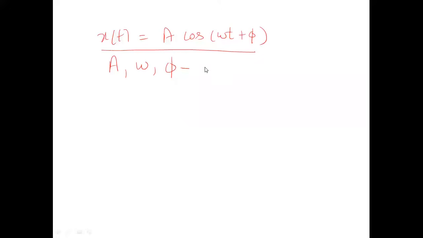These are your constants that you decide from your initial conditions. What do I mean by that? Let me answer specifically the question that was raised right now.